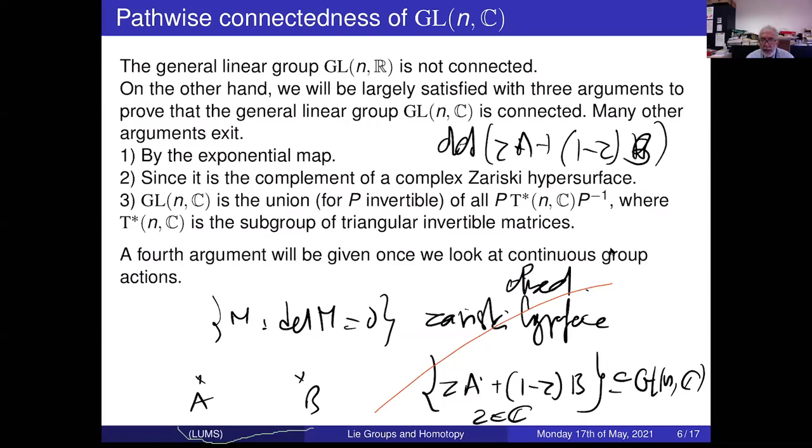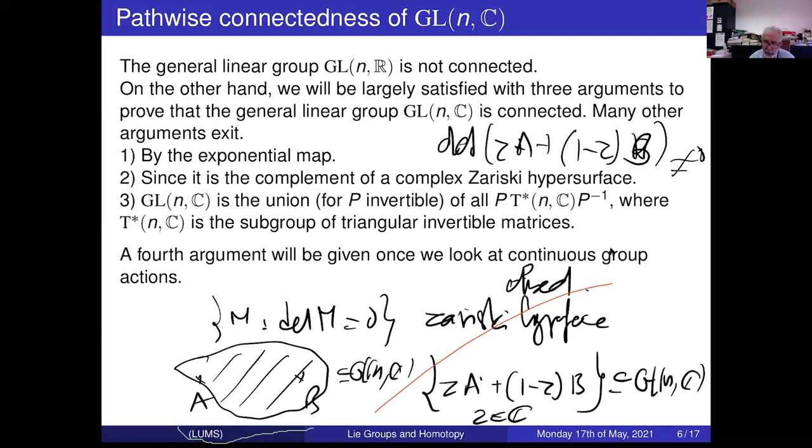And since it has a finite number of roots, the complement is path connected inside of C. And so we can put A and B in a path connected subset in GLNC, by taking Z chosen like this, non-zero. So any two elements can be put inside a path connected subset, and then they are connected.